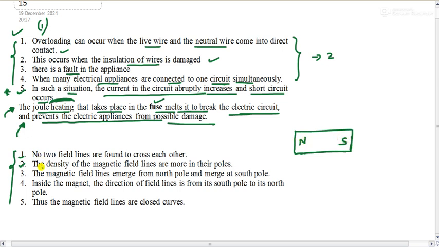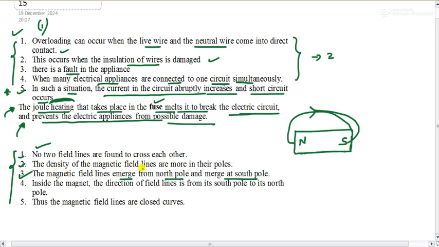So this is the first point. The magnetic field lines emerge from the north pole and merge at the south pole, just like this. The arrow mark will go like this. The second point, you can write, no two field lines are found to cross each other. They never cross each other.